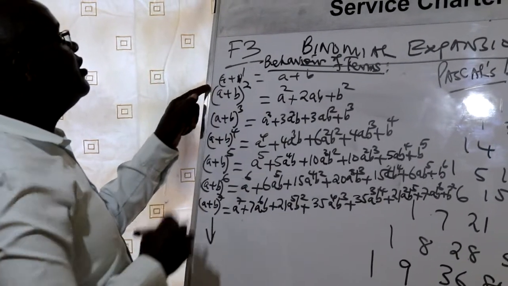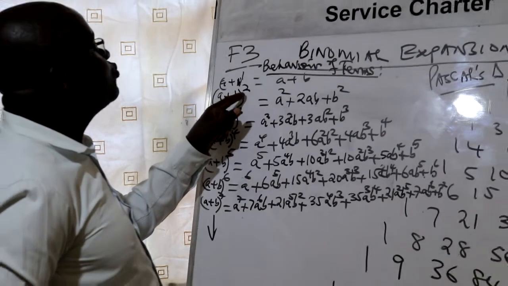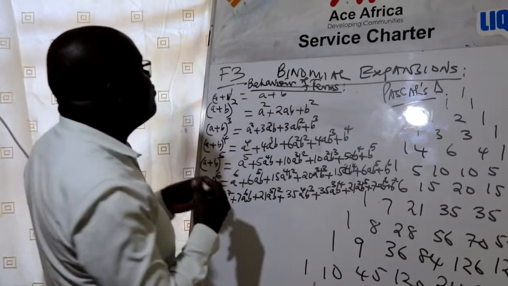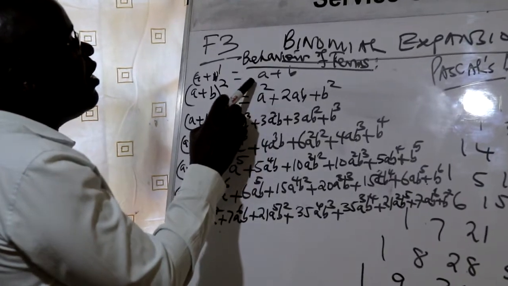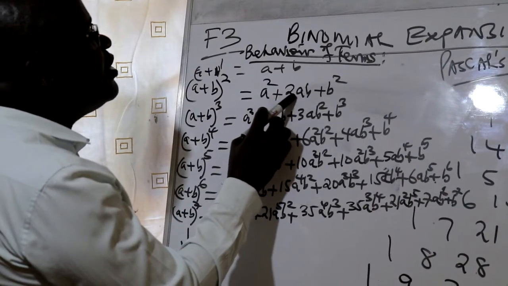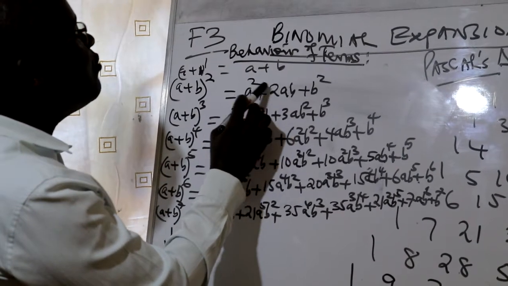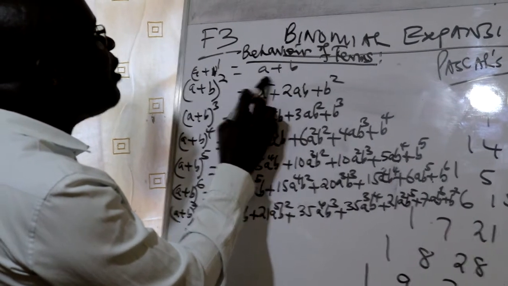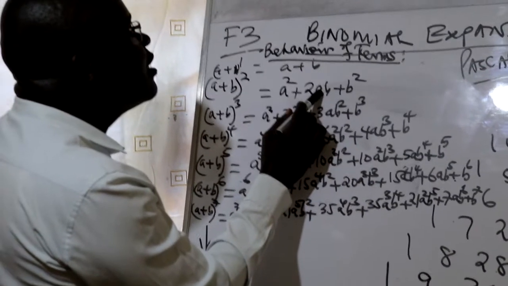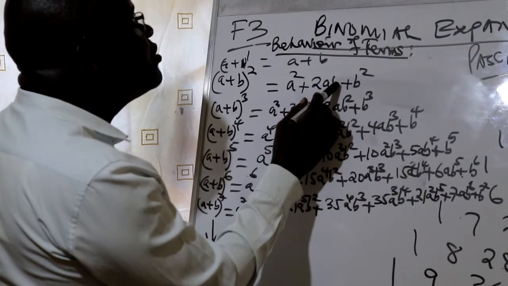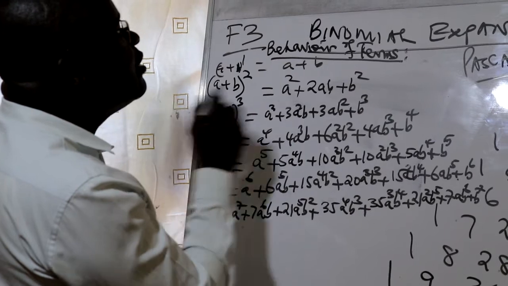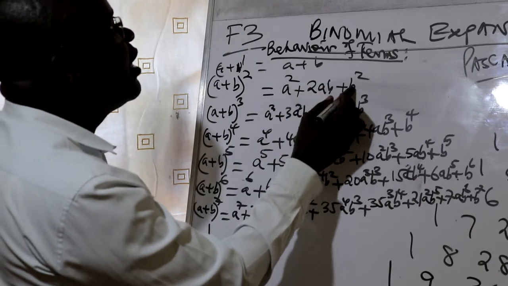When it is raised to 2, the first term is raised to the external power, but in the second term, the first term is raised to the second power, the external power reduced by 1. Then this is also reduced by 1. It's also raised to 1, and then like that.